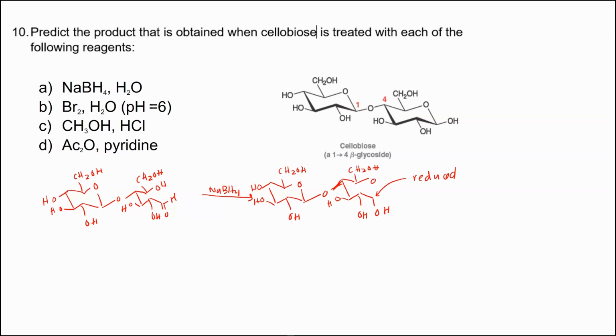For bromine and acetic acid, I'm going to call this whole group here R. That's going to oxidize that carbon to the carboxylic acid.